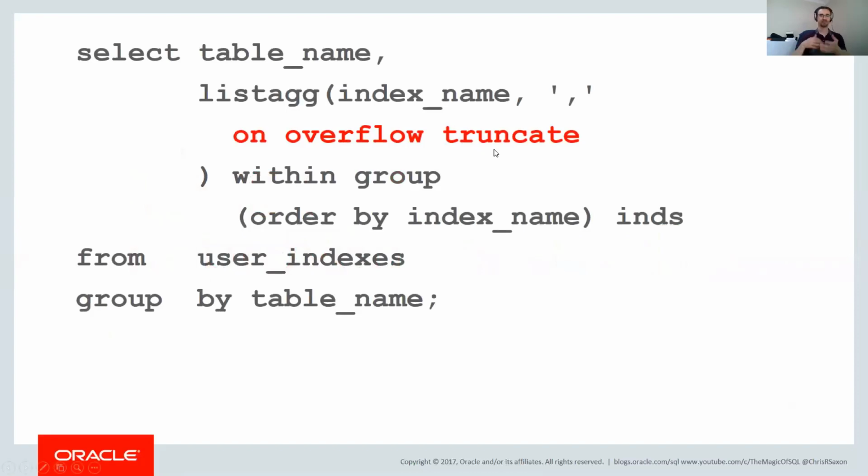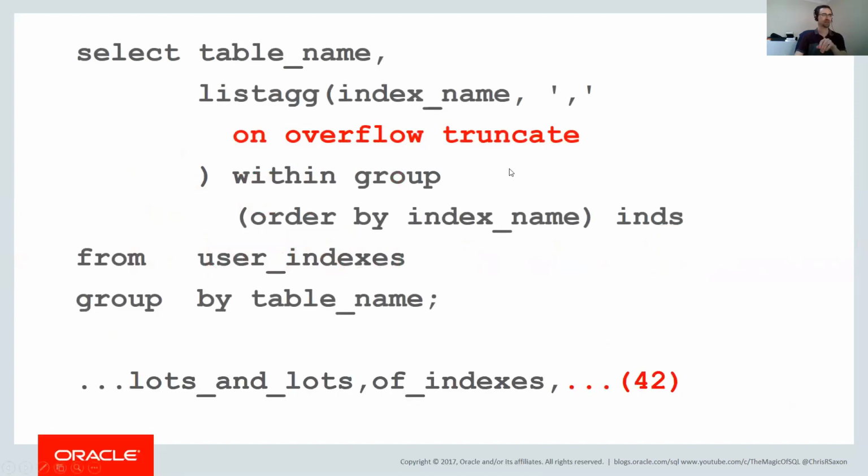What that means is now, if the length of the string LISTAGG is going to construct is more than 4,000 characters, instead of an exception, you'll get an output that looks a little bit like this. Imagine we've got a big long string of text all the way off the left side of the screen, and we're just below the 4,000 character byte limit. So now we've got some dots.